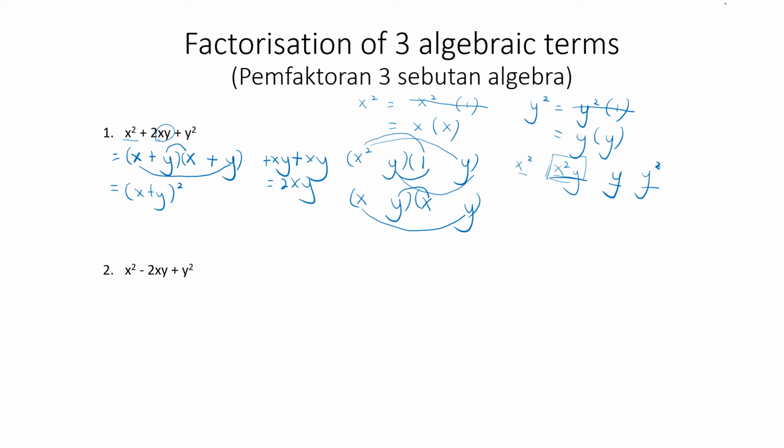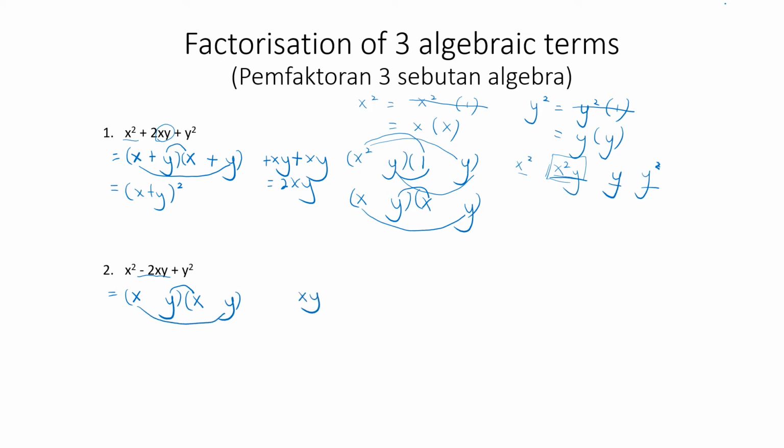Okay, next, the second question. It's almost similar. The question is almost the same. The difference is only the negative sign here. So to get x squared, you must have x multiplied with x, and to get y squared, you must have y multiplied with y. And to get an xy term, you must expand this xy and xy.